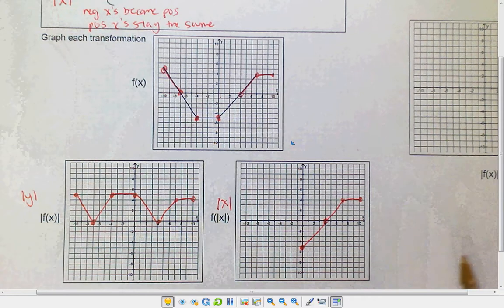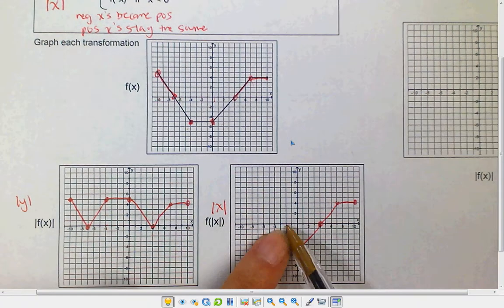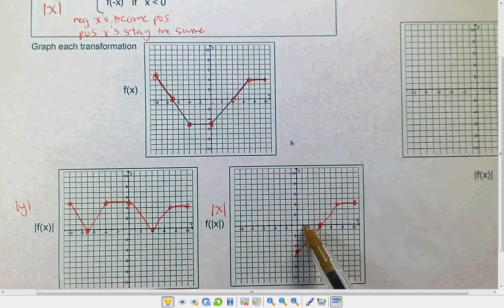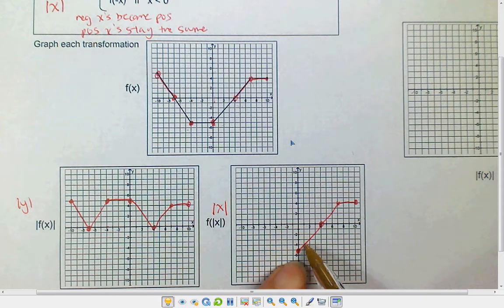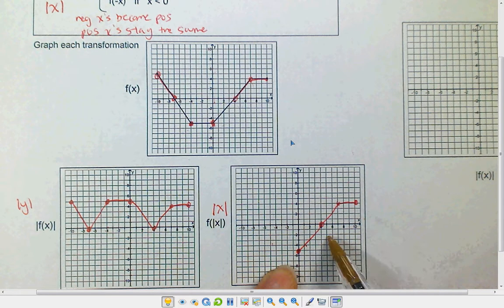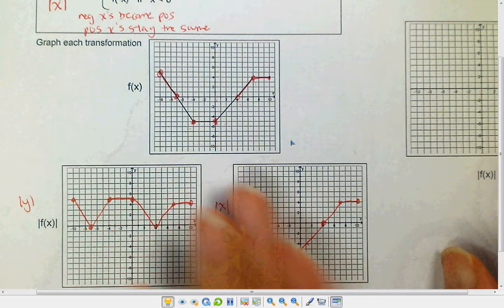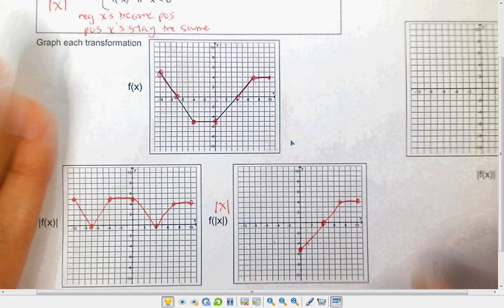Now, I want all my negative x's to become positive. If I make my x over here positive, so instead of a negative 1, I make it a positive 1, what happens is that my y value is now going to be exactly the same on this side as it was on this side. So I'm just replacing all of my negative x's with the positive x, reflecting all of these onto this side.